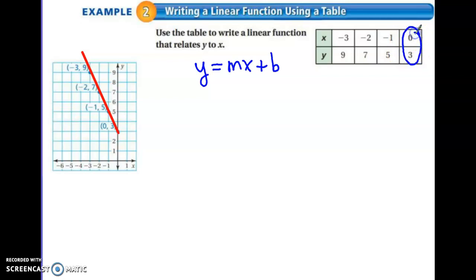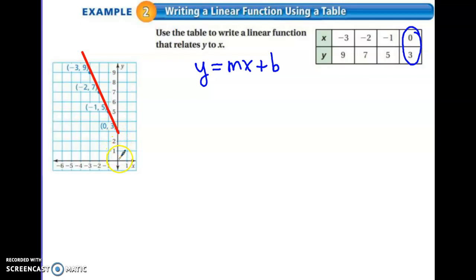Lucky for us, they gave us the y-intercept. We know that 3 is the y-intercept because the x value equals 0. So remember, anytime you have an x value of 0, that is where you're going to have your y-intercept.